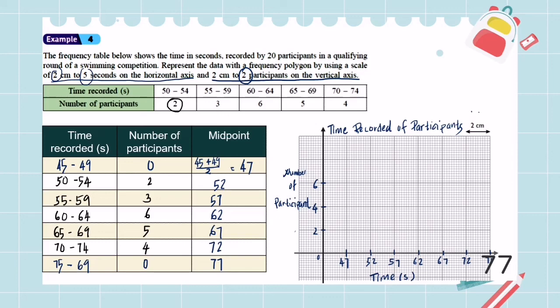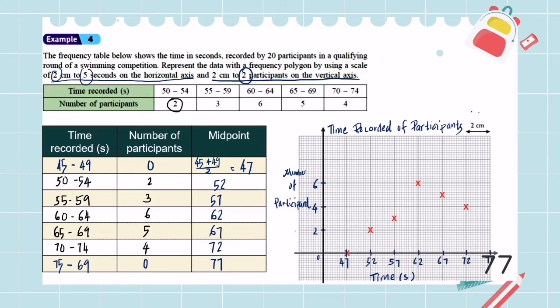Okay, so now after we complete the horizontal axis and vertical axis, we start to plot. Midpoint 47 with frequency 0. Okay, 52, frequency is 2. 57, frequency is 3. 62, frequency is 6. 67, frequency is 5. 72, frequency is 4.